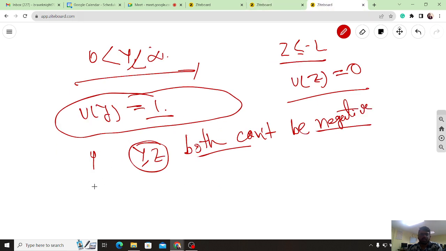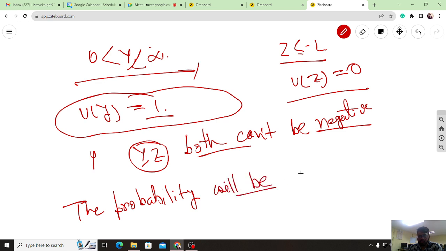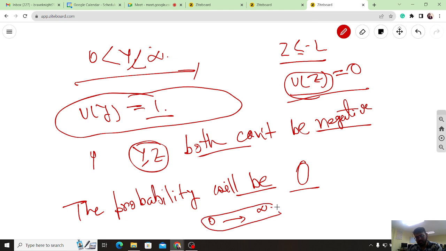So the probability will be 0, because this u of z function is 1 only when the domain of z is from 0 to infinite.